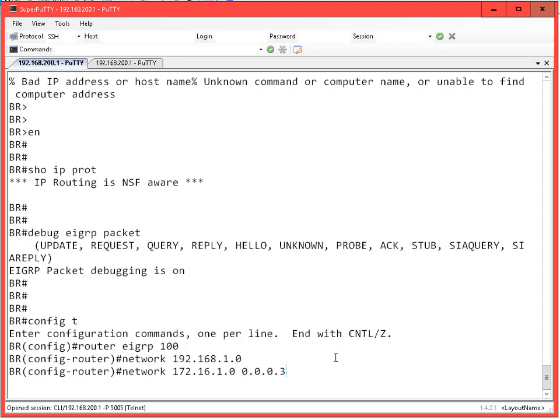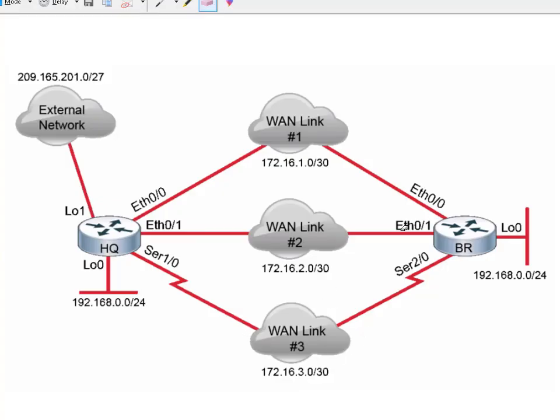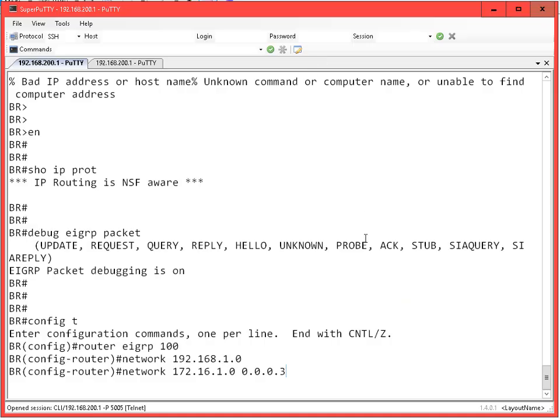So we're enabling, in this particular case, only EIGRP on this WAN link number 1. And we're just going to take a look at how the adjacency forms. We'll take a look at the metric and the path selection process, and just analyze that, and then we'll add additional links as we move through the lesson here.